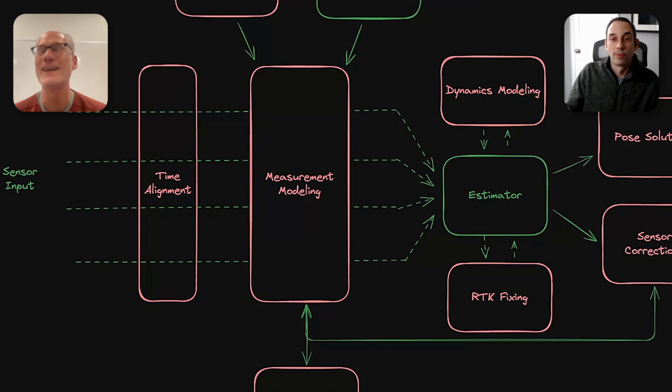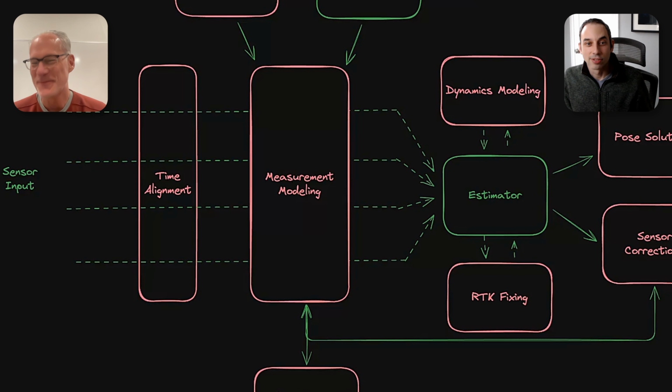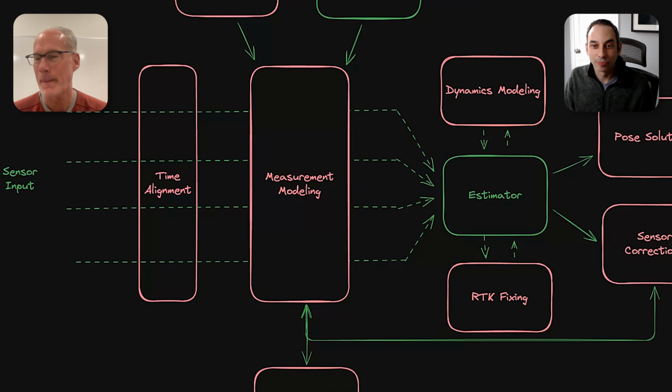I see. And so you take the actual measurements that just came in through your time alignment, and you compare them to what you think they should be. And the difference tells you something about how wrong you are about where you really are in the world. Now, that's not an immediate answer.